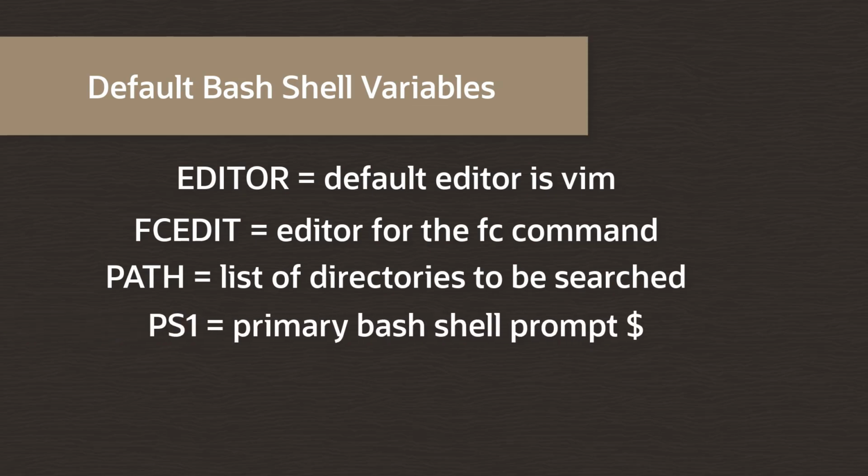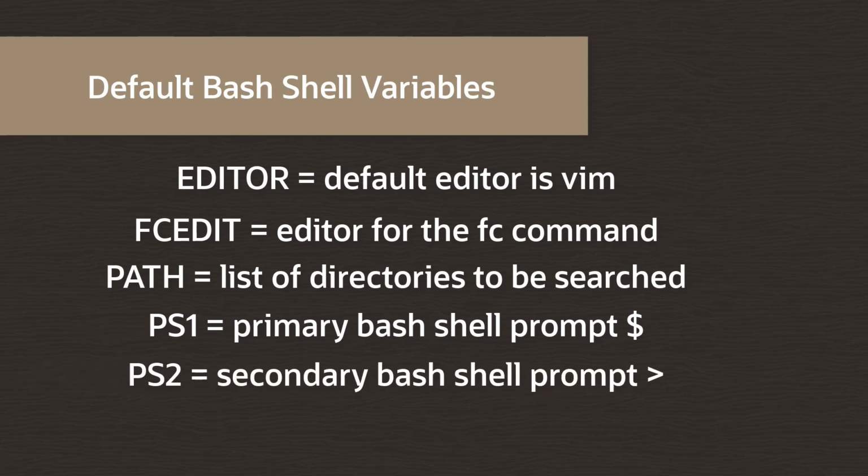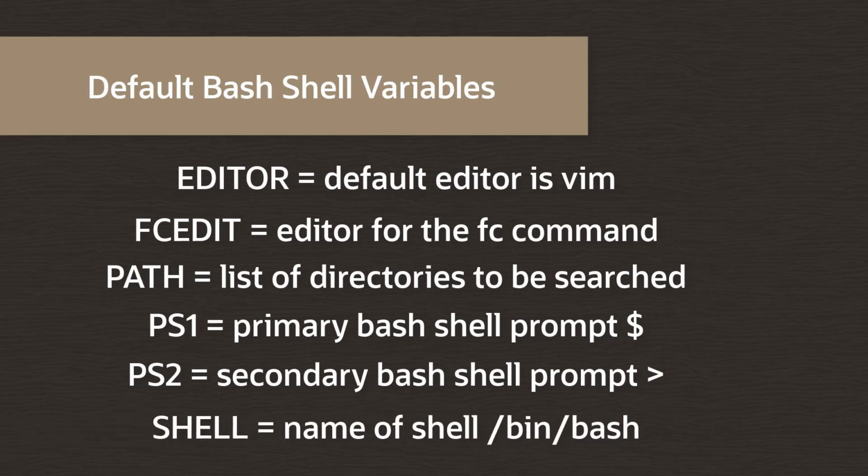PS1 specifies the primary bash shell prompt, which is the $. PS2 specifies the secondary bash prompt, which is the greater than sign. And finally, SHELL specifies the name of the shell, which is /bin/bash.